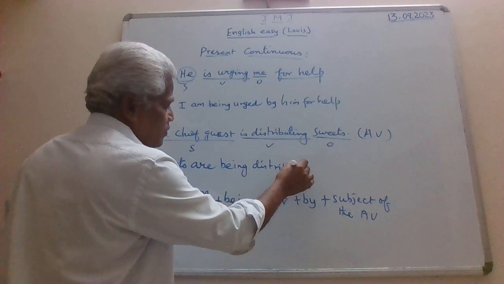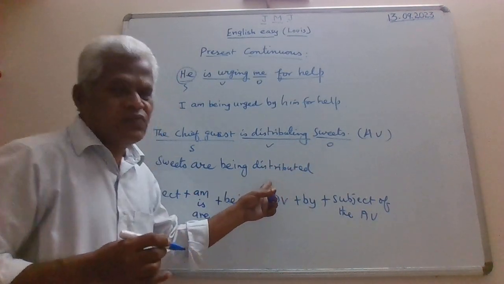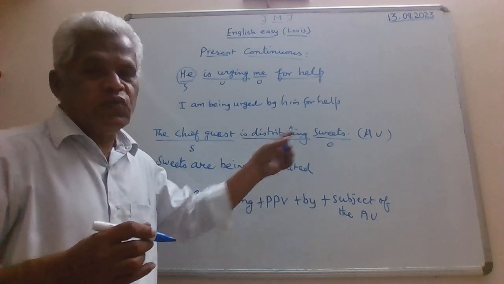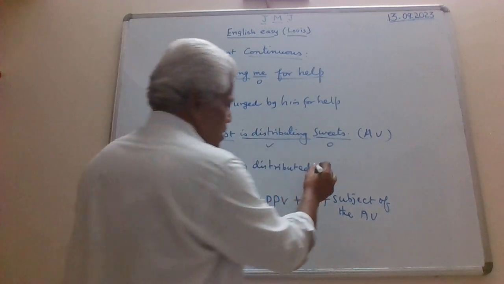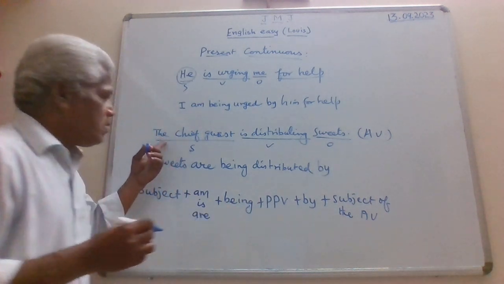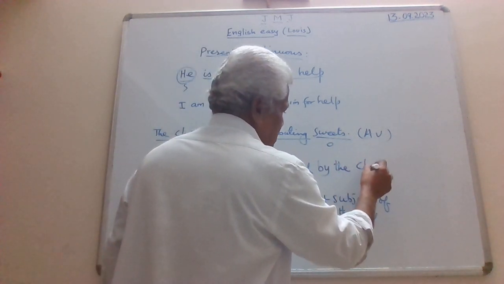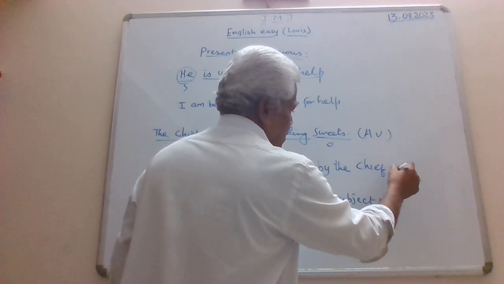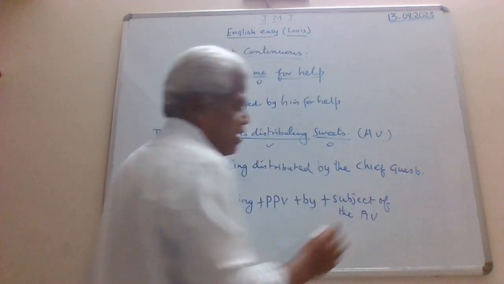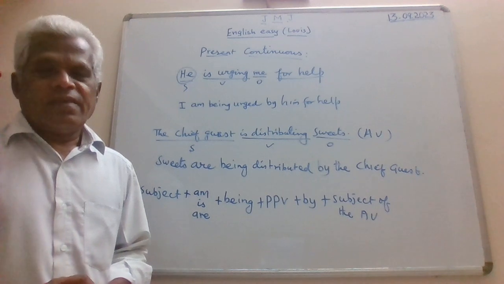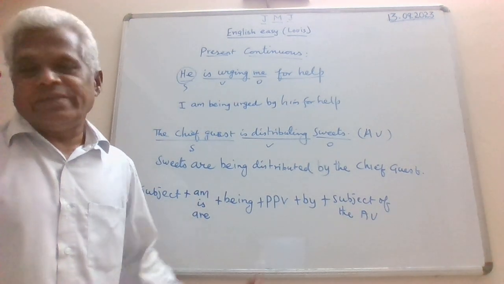Okay? Distributed is the past participle form of the main verb distribute. Distributed by whom? By the chief guest. Okay? So very simple.